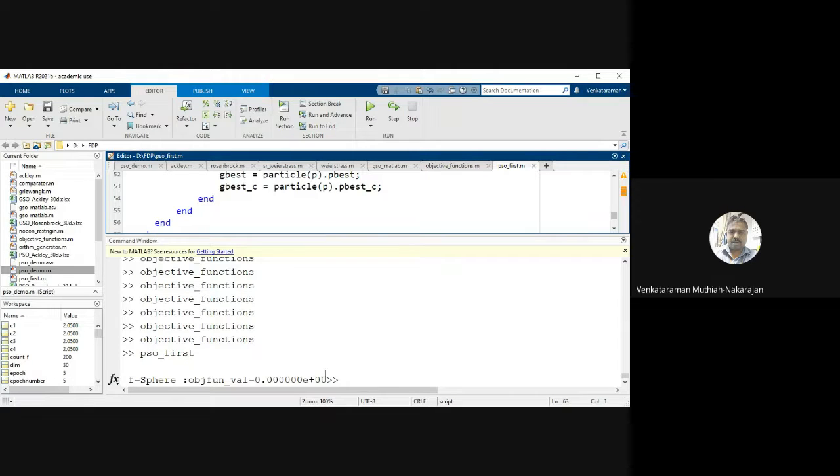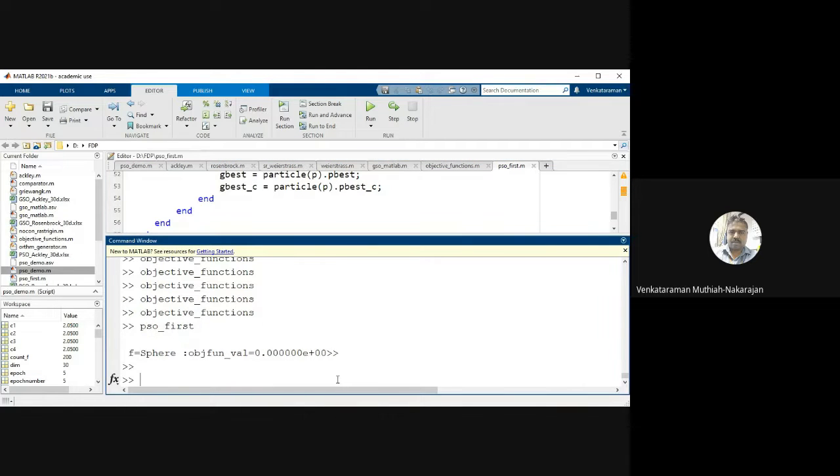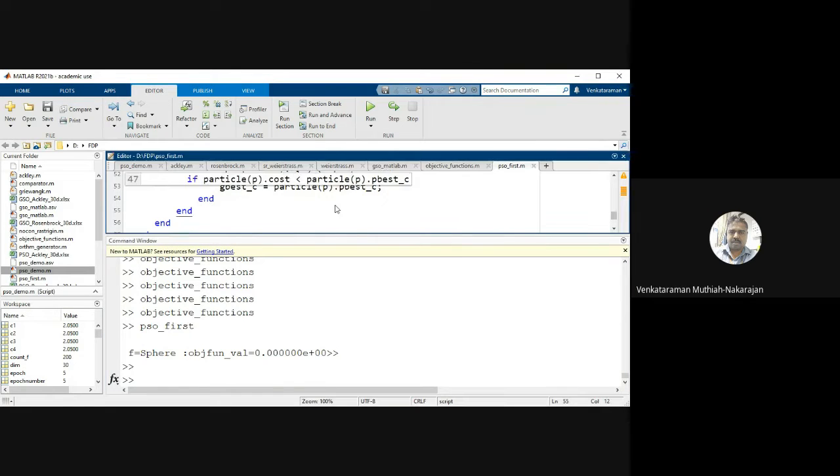Yes. Our algorithm has been able to locate the minimum for the function. For the sphere function, the objective function value is located at 0, 0, 0. The sphere function has the lowest value at 0 and its global minimum is at 0.